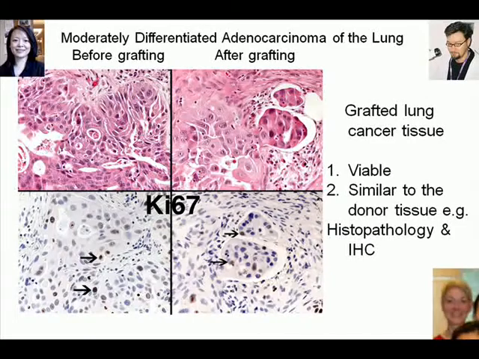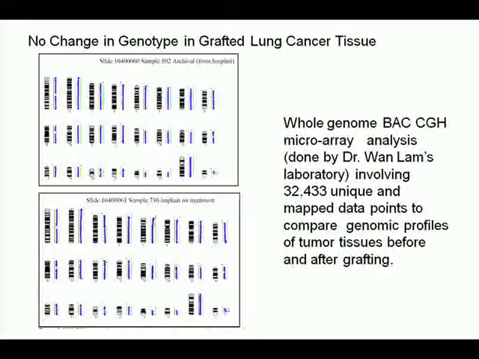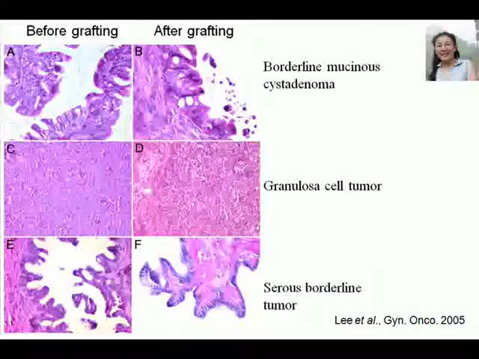A lot of people worked on this, and Jessie Cute is right here, June, and Margaret Sutcliffe also worked on this project. We also did a collaboration with Wang Lam and his group checking the CGH profile. He found that before grafting and after grafting, the similarity is extremely high.